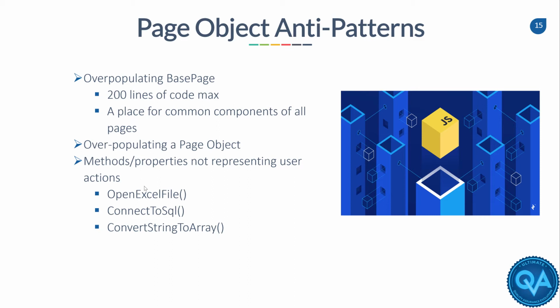The other problem, the brother of overpopulating the base page, is overpopulating the page objects. A lot of individuals will start automating a web application, and instead of automating only what they need at that time, they basically throw everything into a page object from the beginning. So for example, you saw the Ultimate QA page.